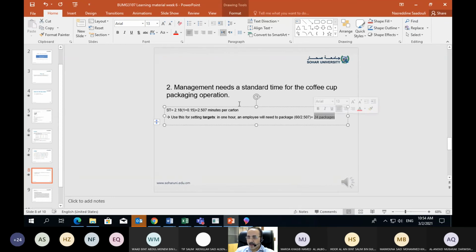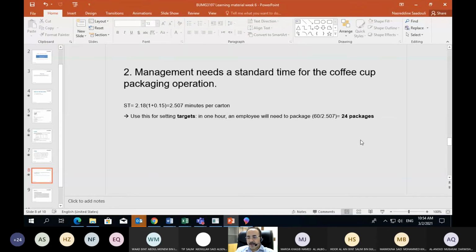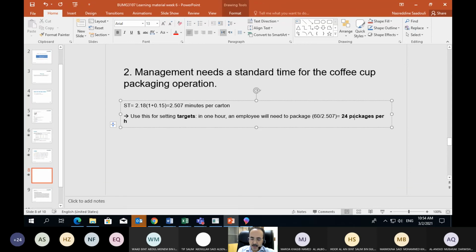And now we have determined a target for our employees that is not arbitrary. I didn't just bring a number from my head and say, you need to do 24 per hour, otherwise you're going to be penalized. No, we actually did this in a scientific manner.